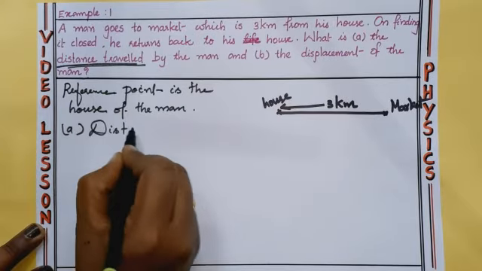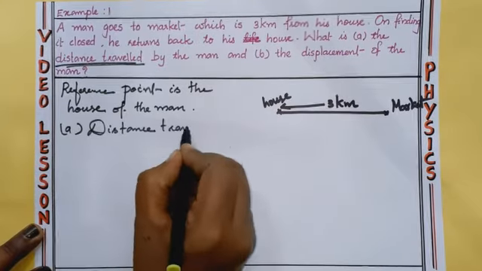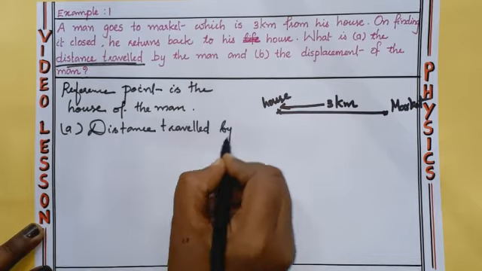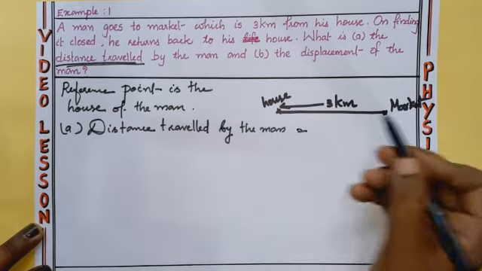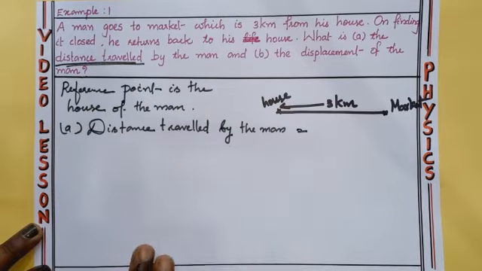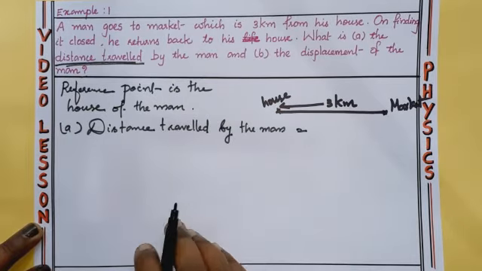Distance traveled by the man is equal to the total path covered by an object.